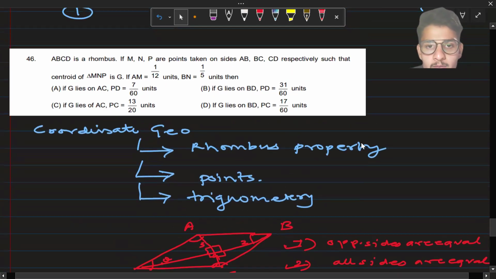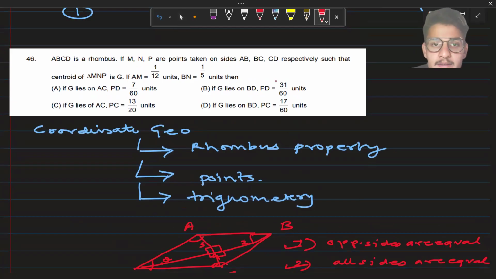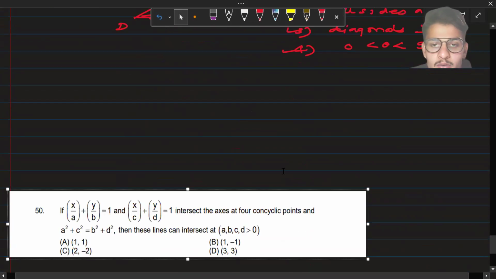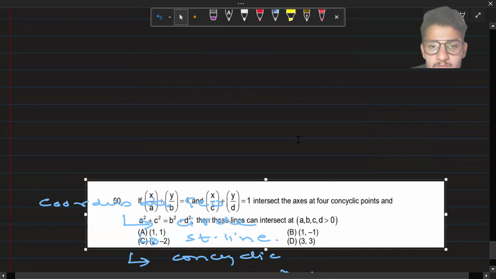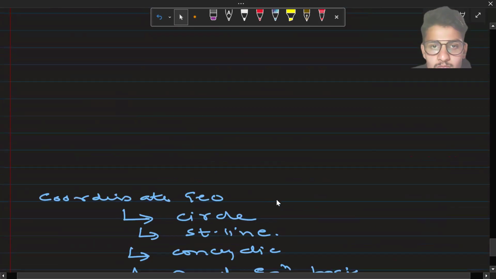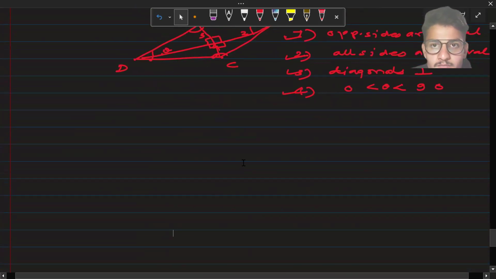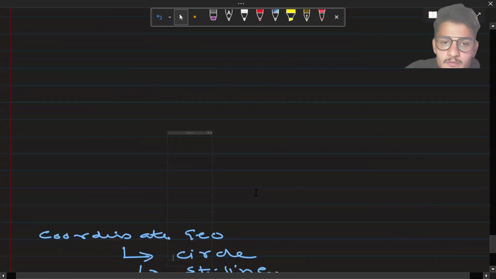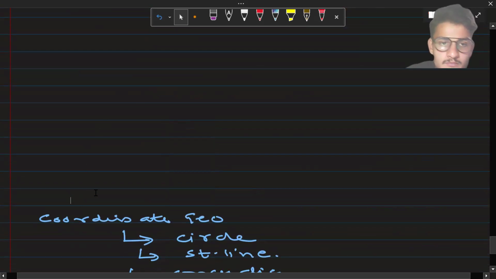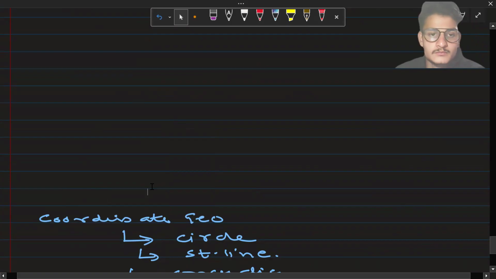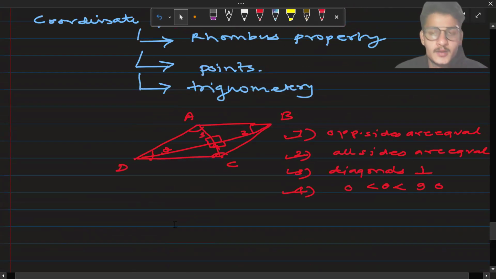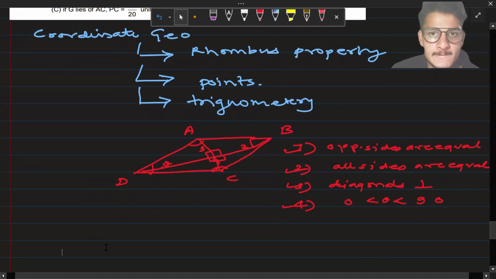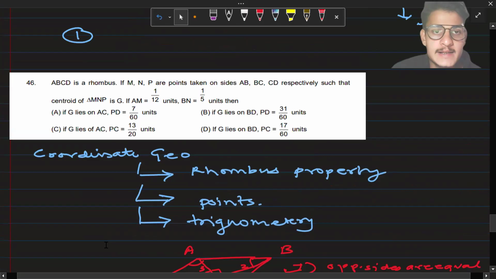And now again, we will use the points and the trigonometry in it. We will see here how we introduce these concepts to find the answer. What else is given in the question?